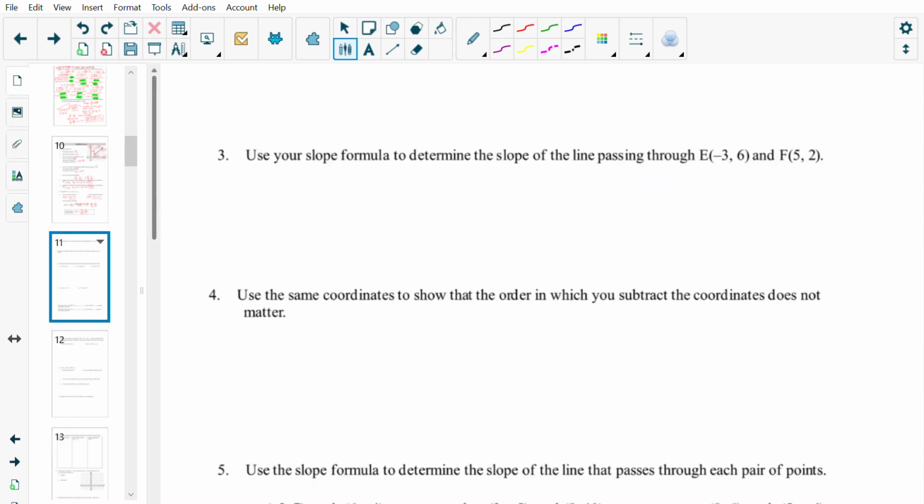Use your slope formula to determine the slope of the line passing through E, negative 3, 6, and F, 5, 2. Before we do this, I want to suggest using brackets, because when you use the slope formula for any 2 points, you are in essence making a mathematical substitution process. So you're substituting values. So use brackets, and you'll see why when we do negative values later, where it comes in handy. So first, the slope equation.